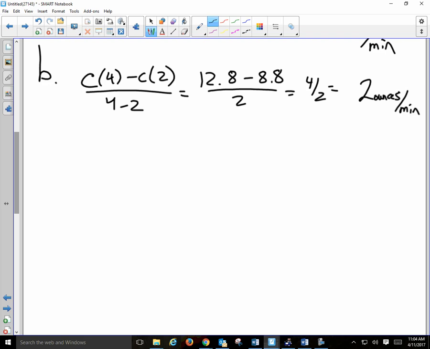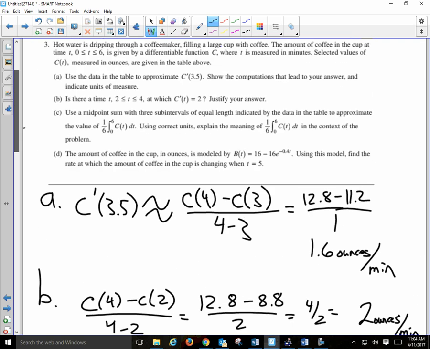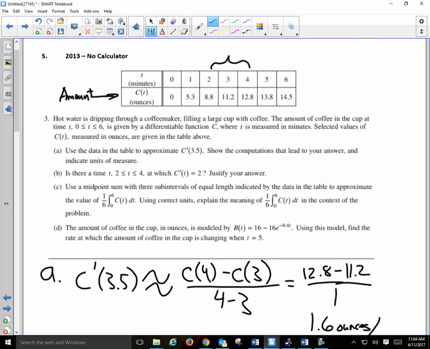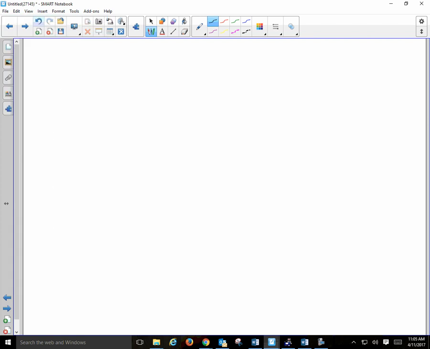So, if the average rate of change between 2 and 4 is 2, does there have to be a time in between where the derivative is then 2? What this is asking, folks, is this question. I have a function, and I'm going to look at the average rate of change.